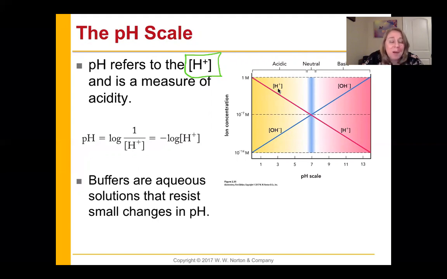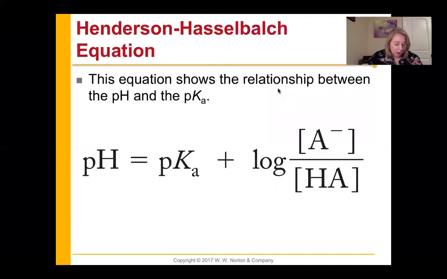And so our bodies use buffers in order to resist those changes in pH. So how do you do that? Well, you have to understand the relationship between the pH and the pKa. So you have to go back to your general chemistry, right? Remember, acid's a proton donor, base is a proton acceptor.